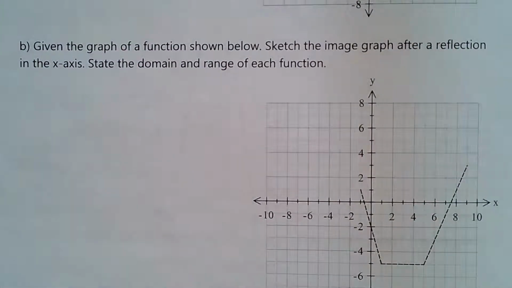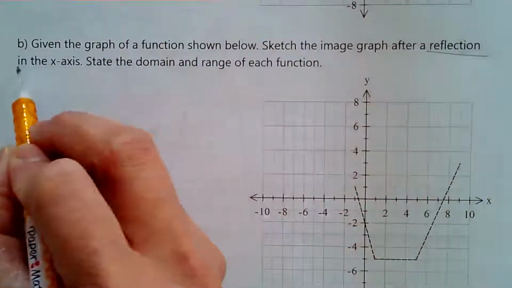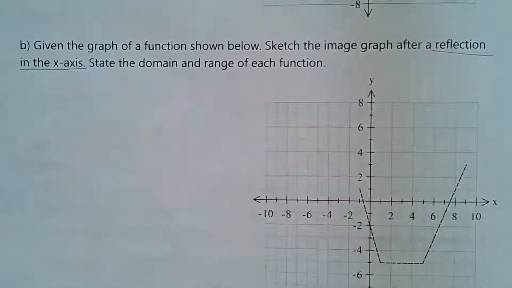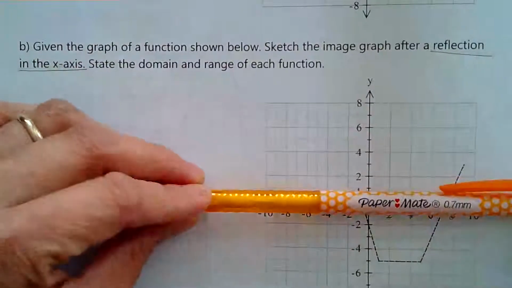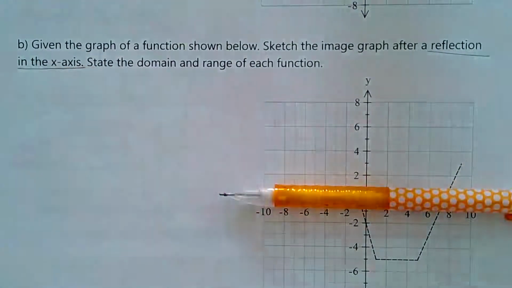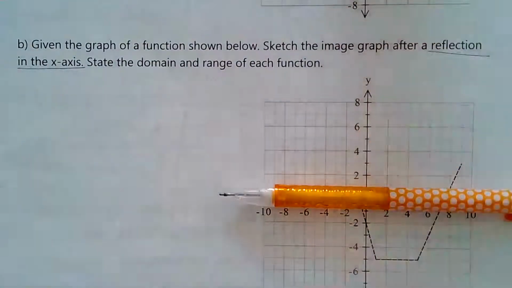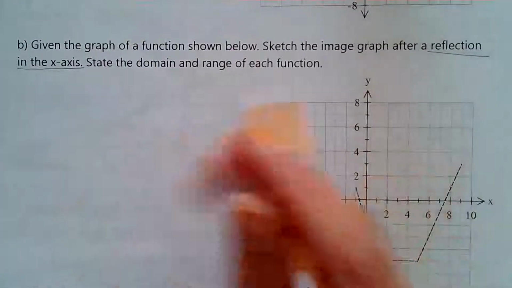Given the graph of the function below, so it's exactly the same picture to begin with, but in this case, it's a reflection in the x-axis, or sometimes we call it over the x-axis. So if this is the x-axis right there, and if you want to reflect it in that or over that, in our case, in and over mean the same thing, what would be changing?